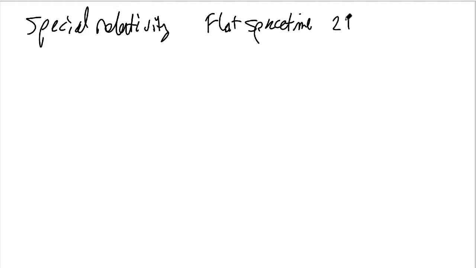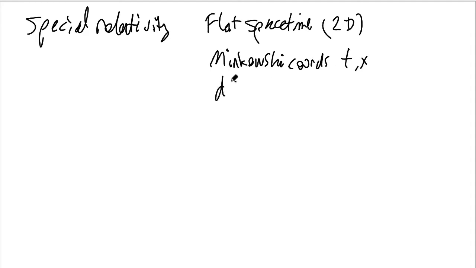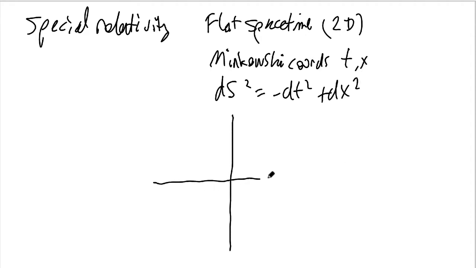And we'll consider the two-dimensional case with Minkowski coordinates, t and x, so the line element is minus dt squared plus dx squared. So here's the space-time diagram, x and t. Let's say we have an observer traveling along some world line like this.